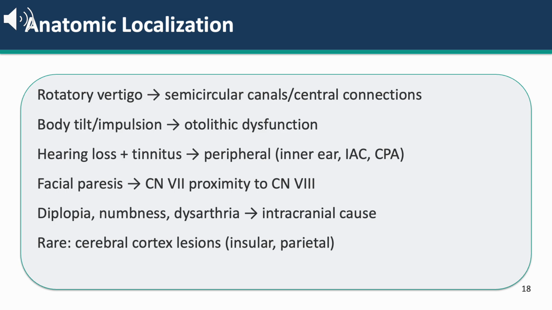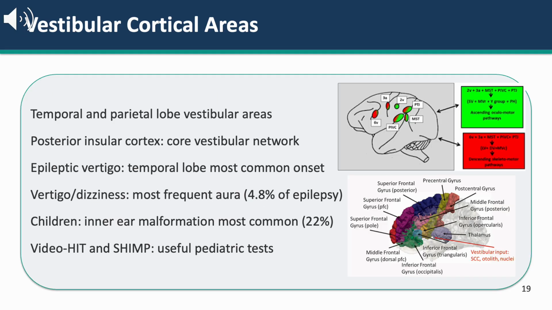Any of the following imply an intracranial basis: diplopia, facial numbness, dysarthria, dysphagia, extremity weakness or numbness, or incoordination. Rarely, cerebral lesions in the anterior insula or parietal cortex can present with vertigo. Cortical stimulation studies in epileptics have identified vestibular cortical areas in both the temporal and parietal lobes.